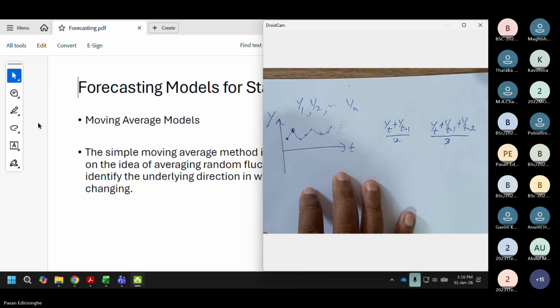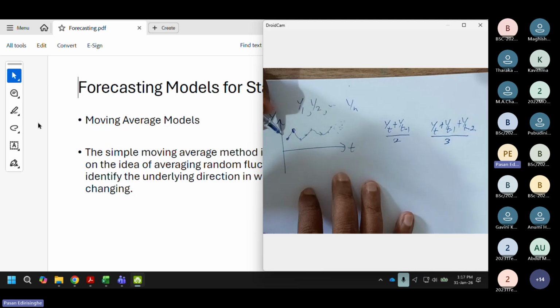What we are claiming is that forecasting, based on this concept, means if you take two consecutive values, the average is somewhere here. We use that particular value as a future prediction. For the next observation, we take the average of these two and use that number as our prediction for this one.